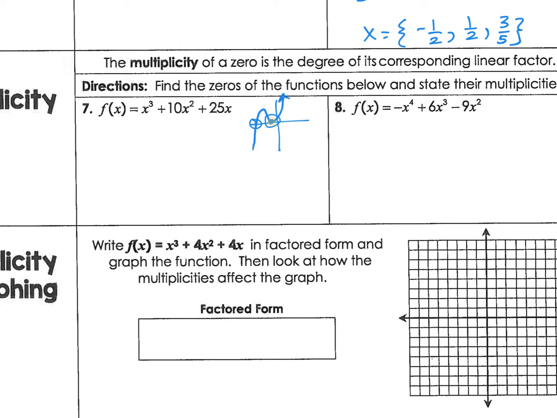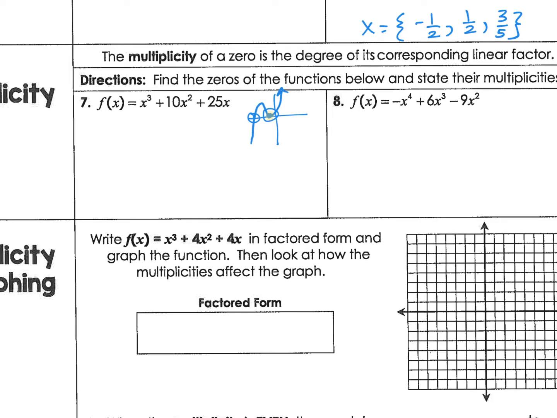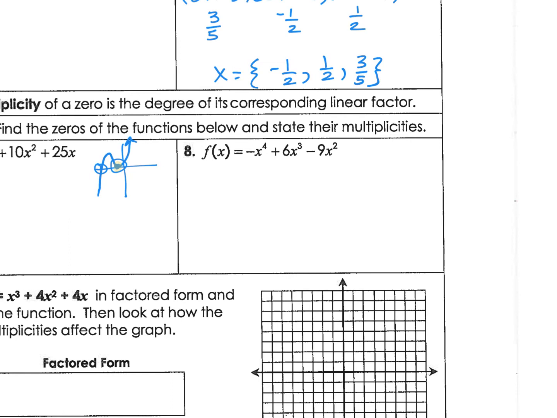We could have a multiplicity of 4. If we looked at this guy, and I don't know what the multiplicity is, but since it's negative in front, let's say it looked like this. How many roots are we supposed to have here? That means that potentially that could be the same root to the 4th power.